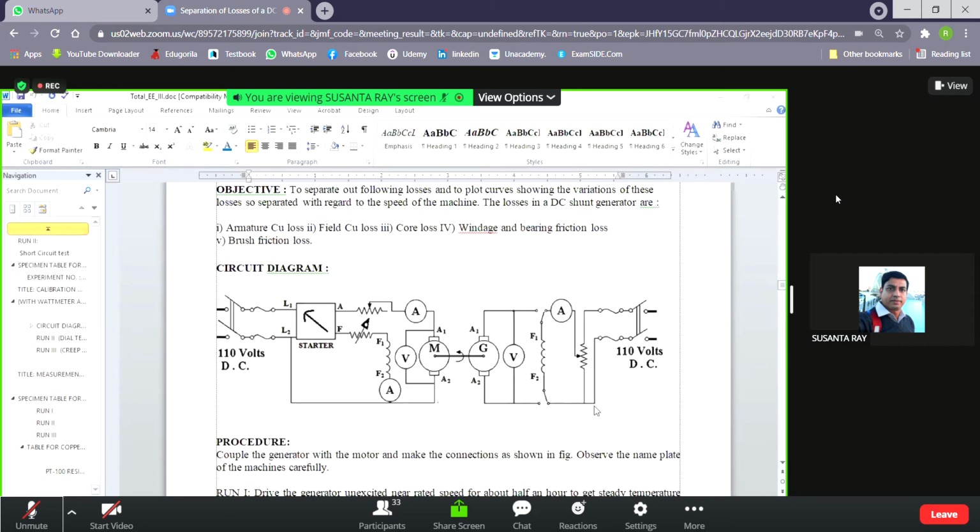These 2 devices are one rheostat and one ammeter. So the A terminal of the starter is connected with the A1 terminal of the motor via a rheostat and an ammeter in series. That means A to rheostat, rheostat to ammeter, ammeter to A1. So this is the connection.